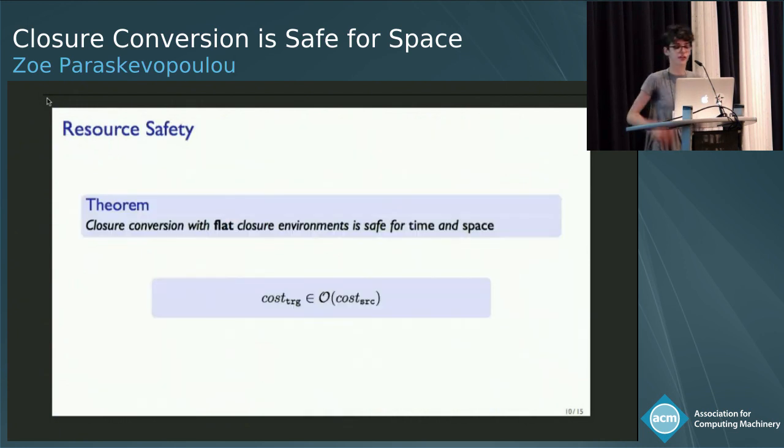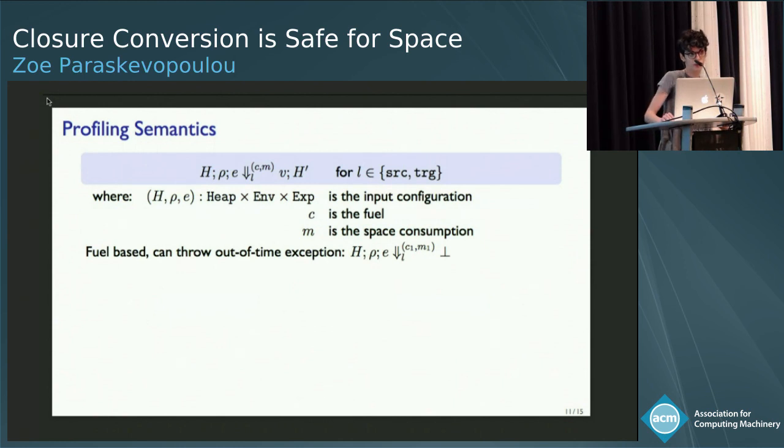However, flat closure conversion is safe for time and space, and this is exactly what we proved for our compiler. So in particular, we proved that the time and space cost of the target is upper bounded by some linear function of the cost of the source. We profile time and space using profiling semantics. Our semantics takes as input a configuration which consists of a heap, an environment, and an expression.